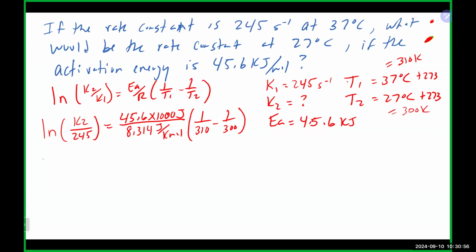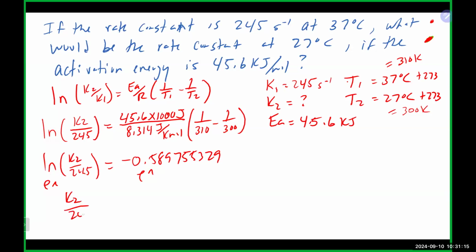That's going to give me on the right-hand side negative 0.5897555329. I'm going to e both sides here, and that will get rid of the natural log on the left. So K2 over 245 equals 0.554462929.